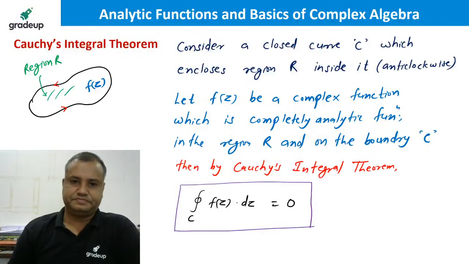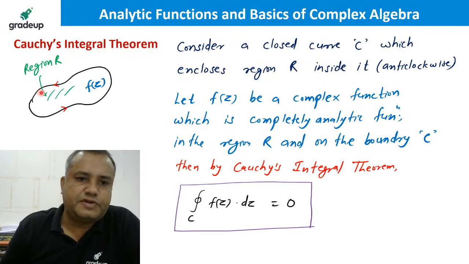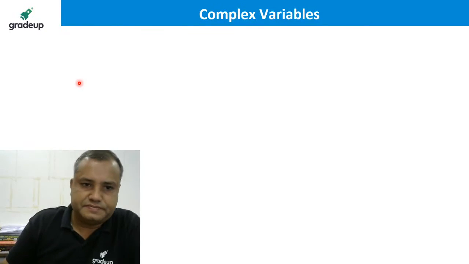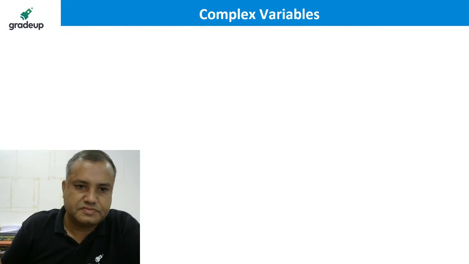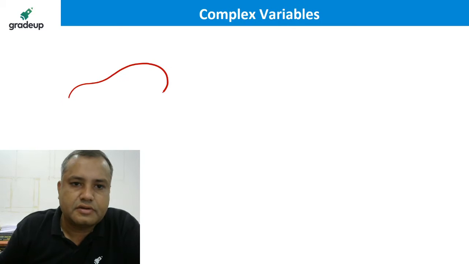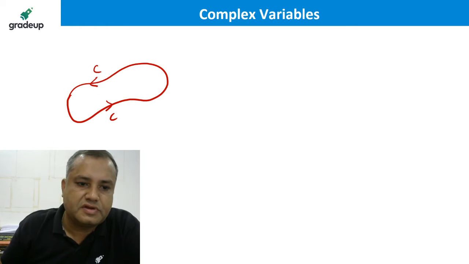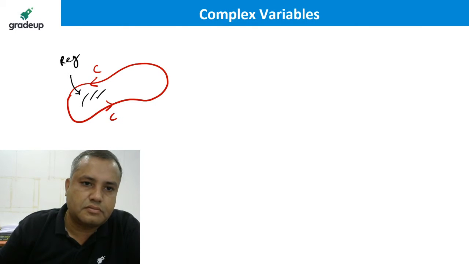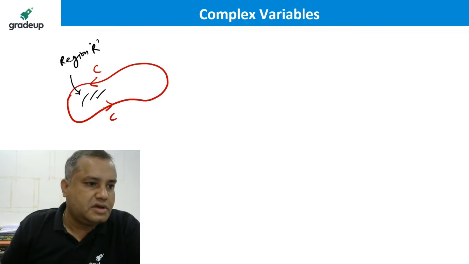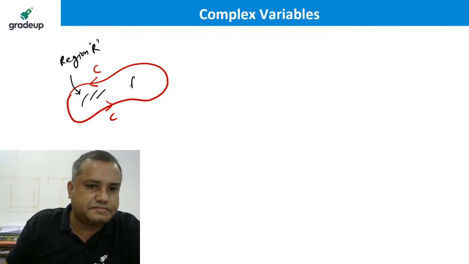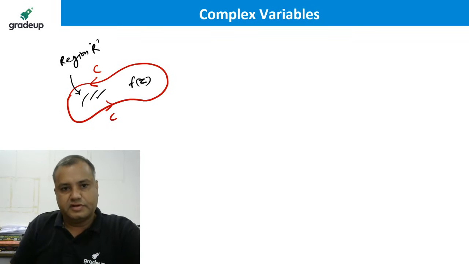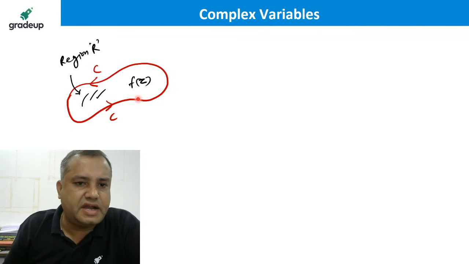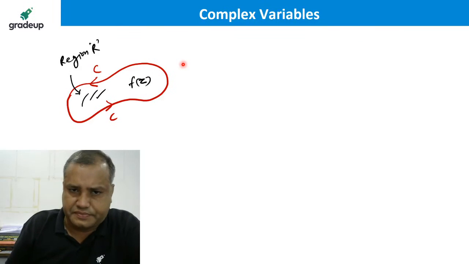Cauchy's integral theorem. Suppose we have a closed curve C. This closed curve C encloses a region R, and we have a function f of z which is analytic inside the region and on the boundary of this region.